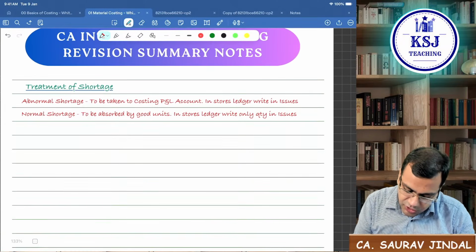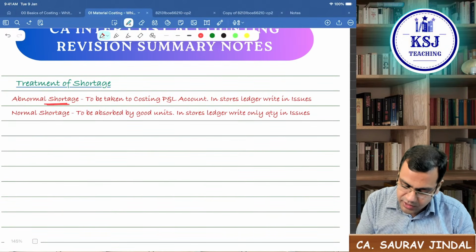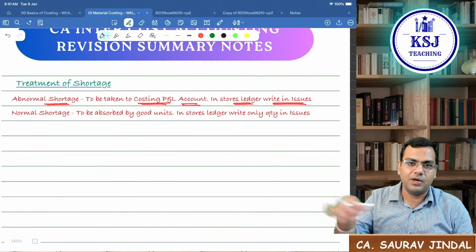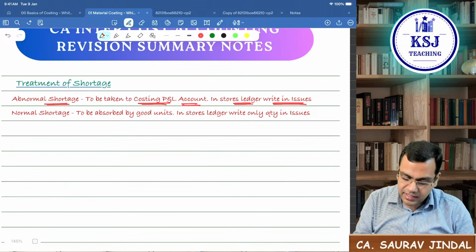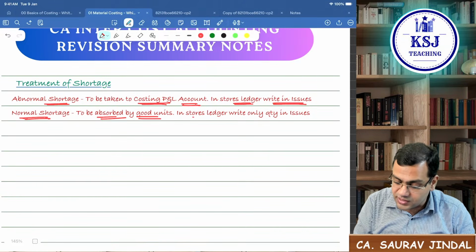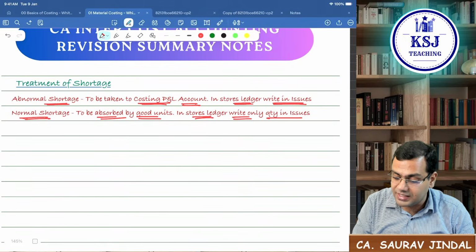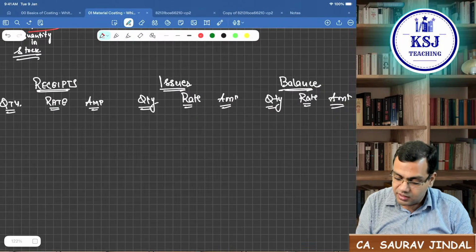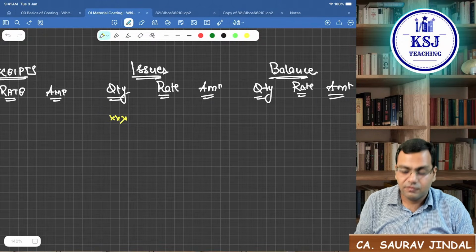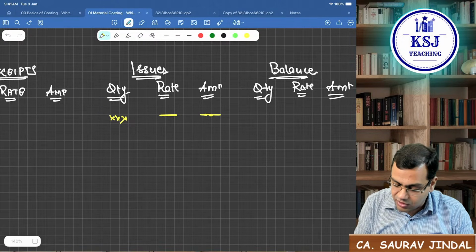Another important thing: abnormal shortage is to be taken to the costing P&L account. In the stores ledger, write in the issues column the quantity, rate and amount, and take it to costing P&L. If it is a normal shortage, it is to be absorbed by good units. In the stores ledger, write only the quantity in the issues; do not write the rate or amount.